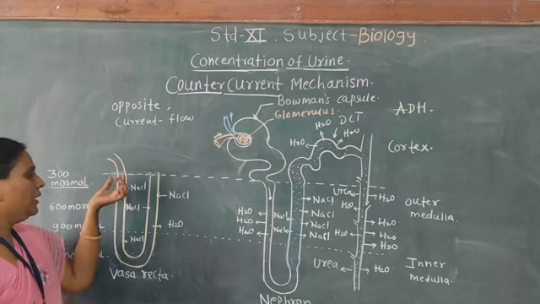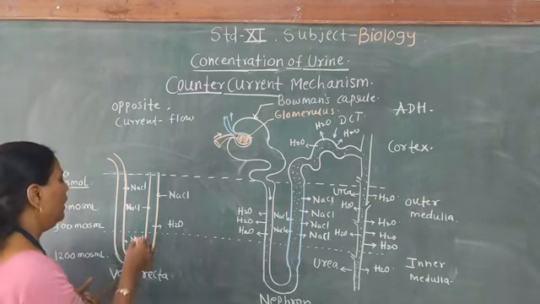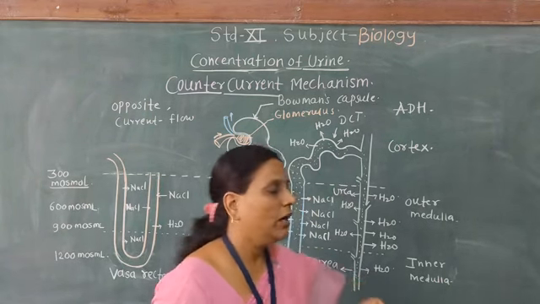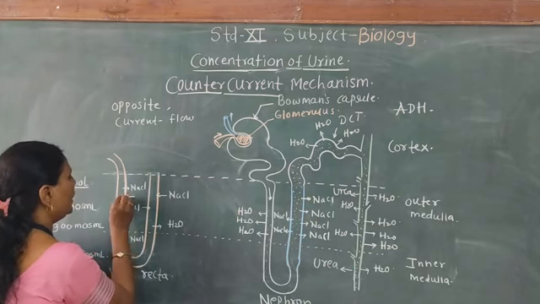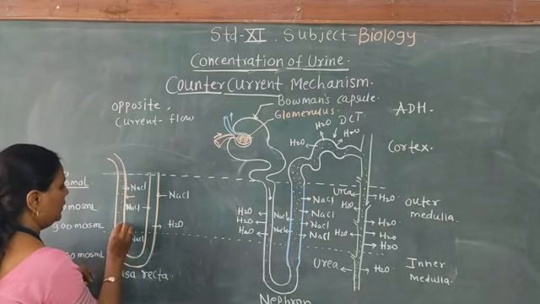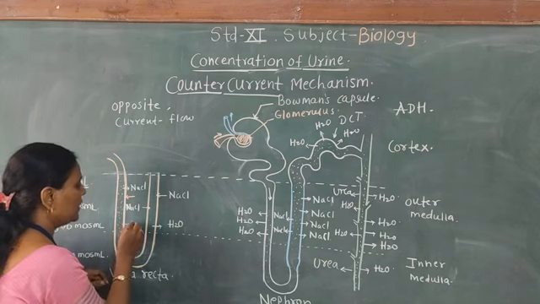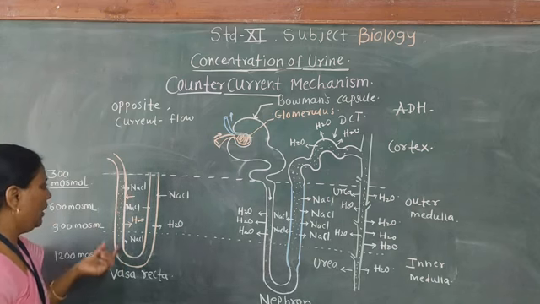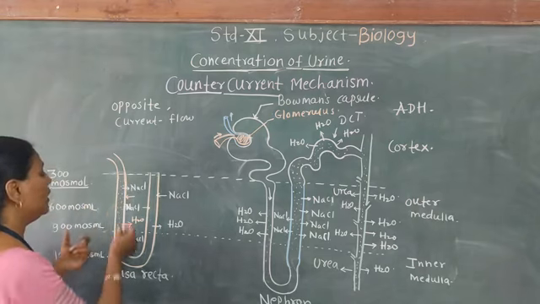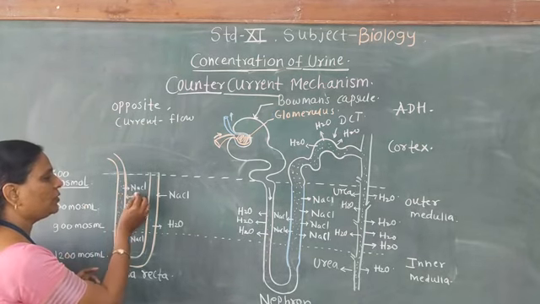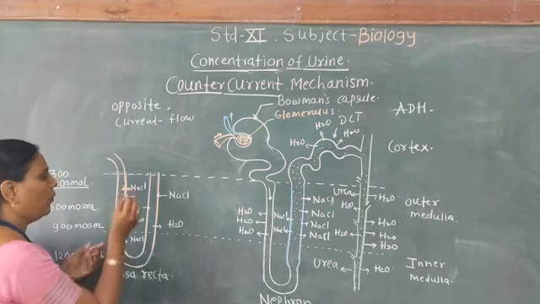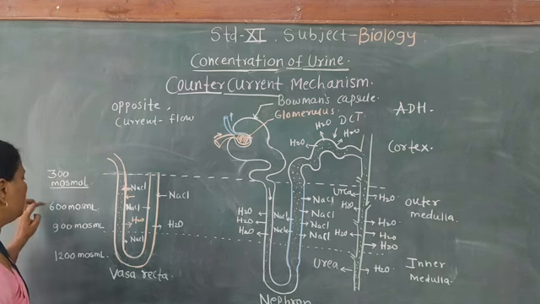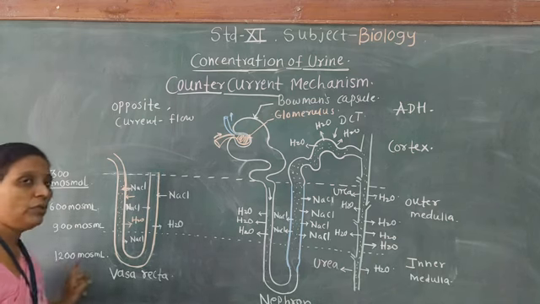So why does the osmolarity increase? Sodium and chlorine from the tissue fluid enter into the blood, and the water from the blood diffuses out into the tissue fluid, and that's why the osmolarity increases from 300, 600, 900 to 1200.